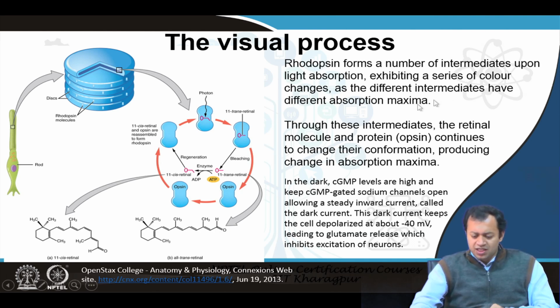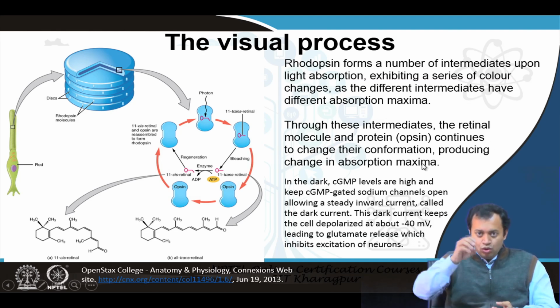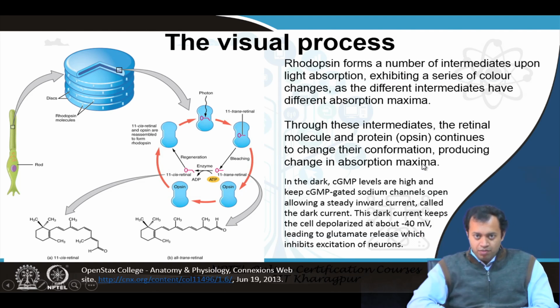All these intermediate stages happen when rhodopsin gets activated by the retinal chromophore changing its shape, and all of these intermediates have different absorption maxima, and they produce all those shades of gray that we perceive.